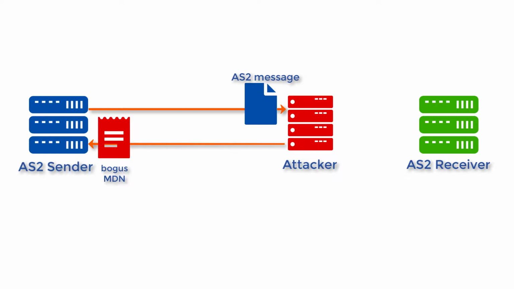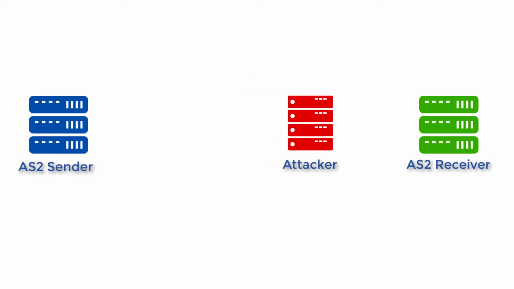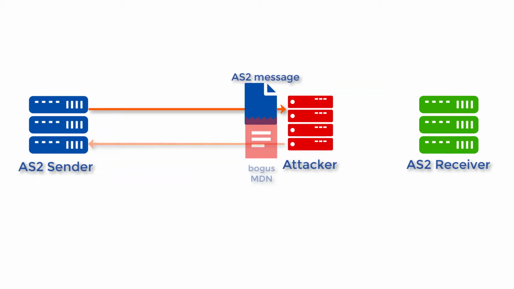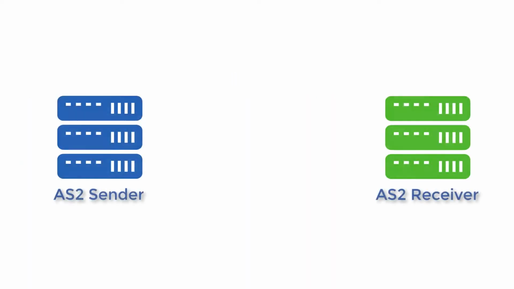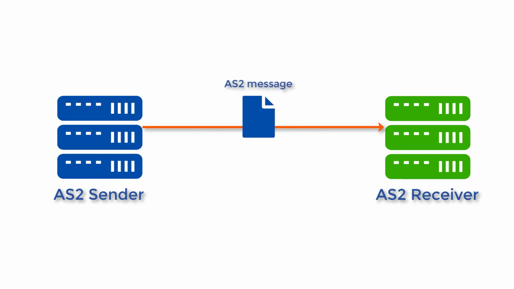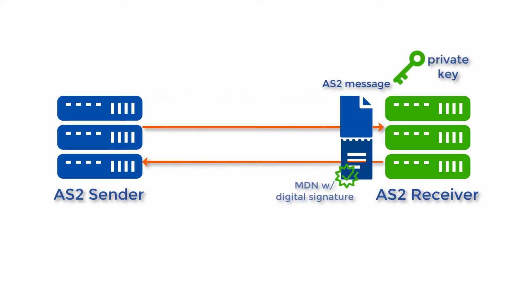In fact, if the attacker succeeds in intercepting one message, it's possible that it can also intercept all other succeeding AS2 messages. To prevent that from happening, the AS2 receiver can digitally sign each MDN receipt with its private key.